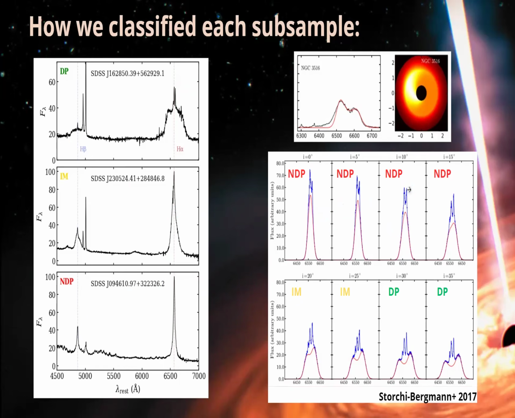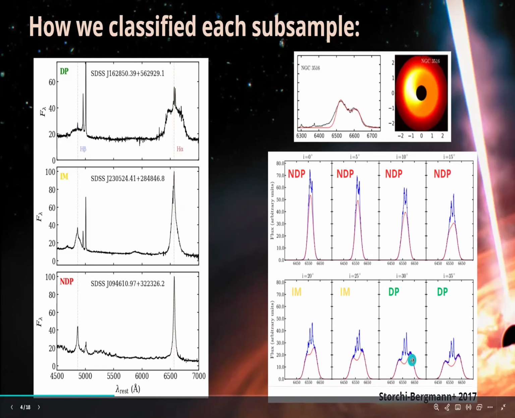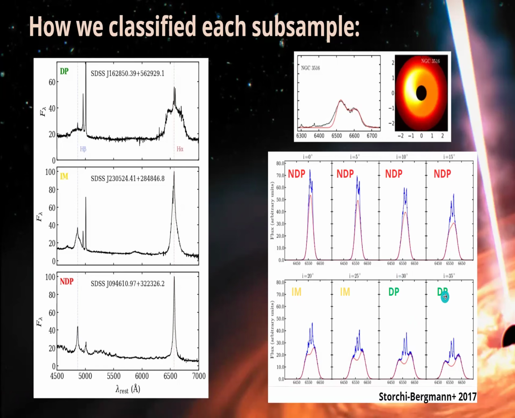The intermediate group are objects where asymmetry starts to appear, corresponding to inclinations between 20 and 30 degrees. And the double peaked group are objects whose emission lines clearly show these shoulders here, associated with inclinations between 30 and 37 degrees.